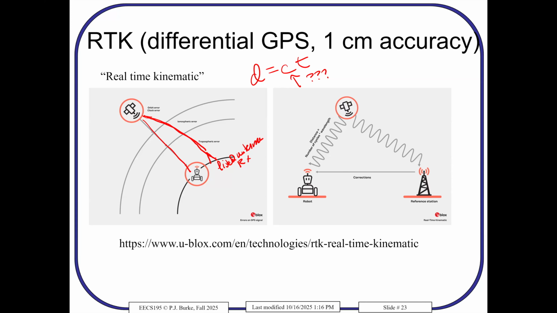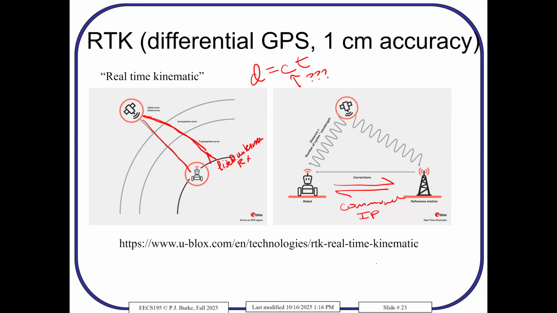And if you have a reference station, you need to be able to communicate. Typically that's done over the internet. So if you have an internet connection on your end and the reference station has an internet connection, you can communicate over the internet what you think the error is and what you think your positions are, and you can determine your position relative to the fixed reference station.